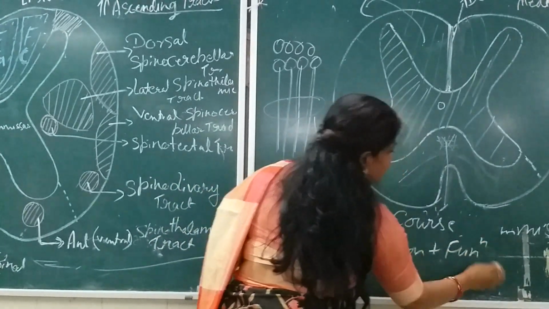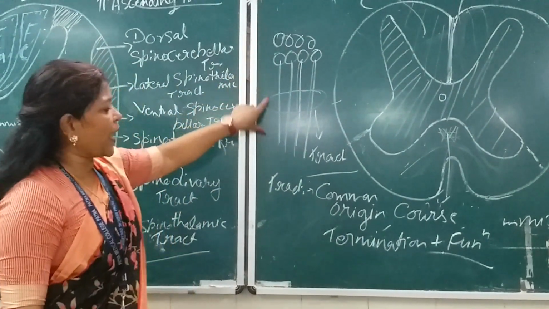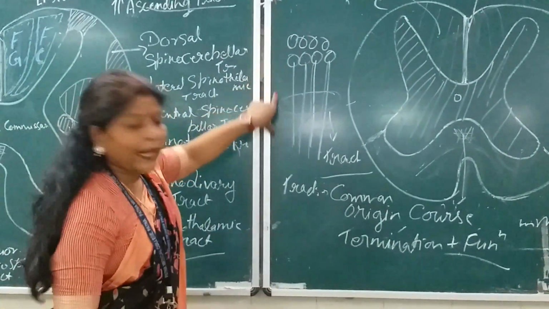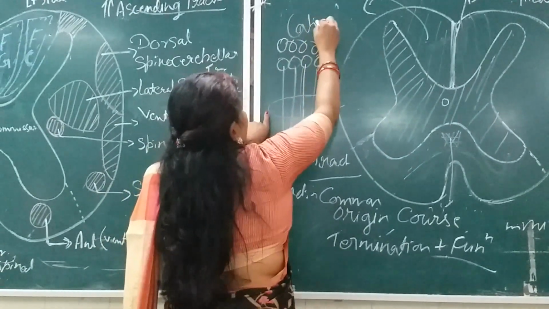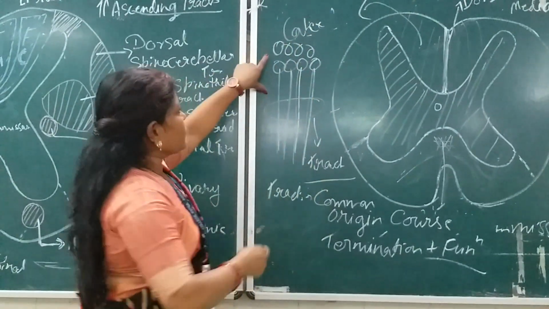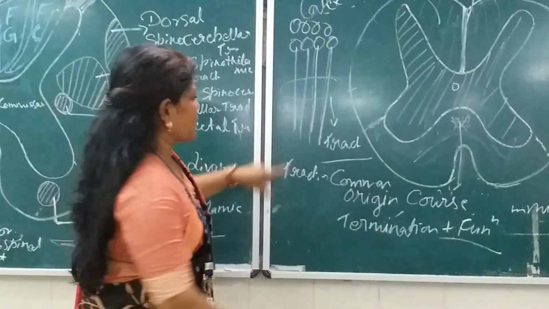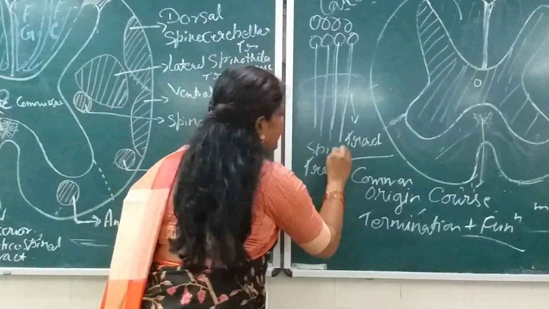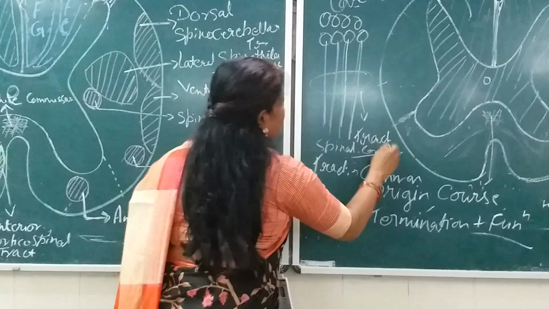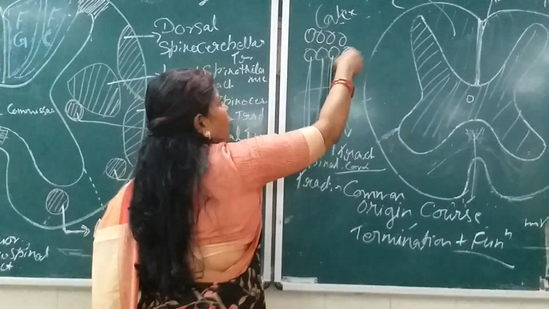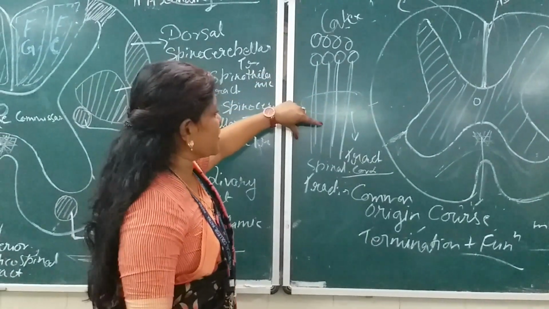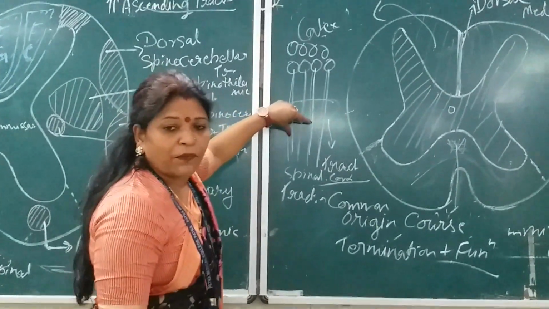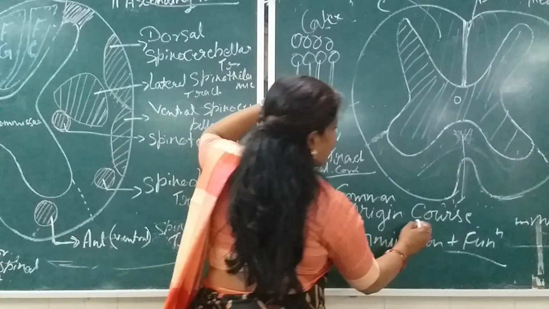That means suppose this is a descending tract arising from the cortex of the brain, the corticospinal tract, and it is terminating here in the spinal cord. So it has a common origin. The axons present inside this specific tract will have a common course.